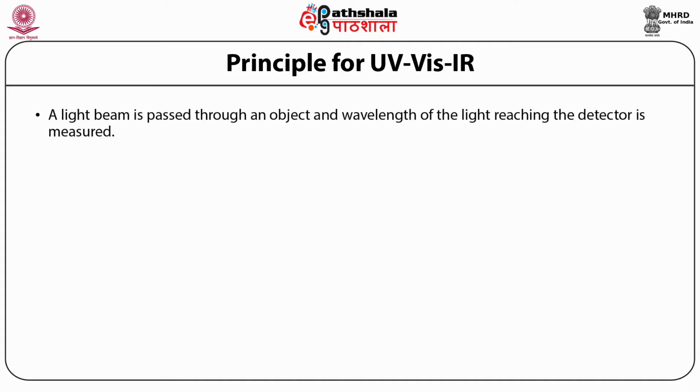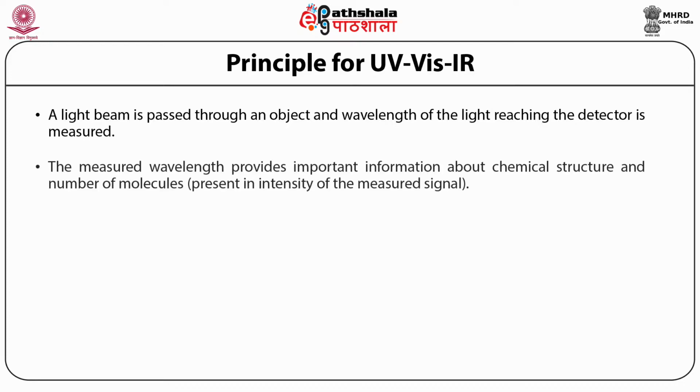When a light beam is passed through an object and the wavelength of the light reaching the detector is measured, the measured wavelength provides important information about the chemical structure and the number of molecules present, through the intensity of the measured signal.